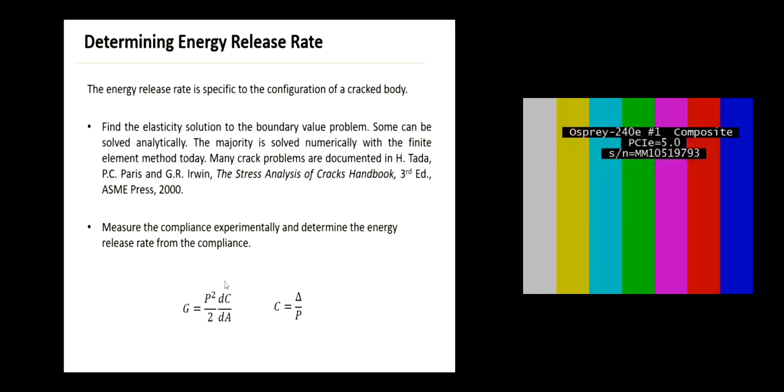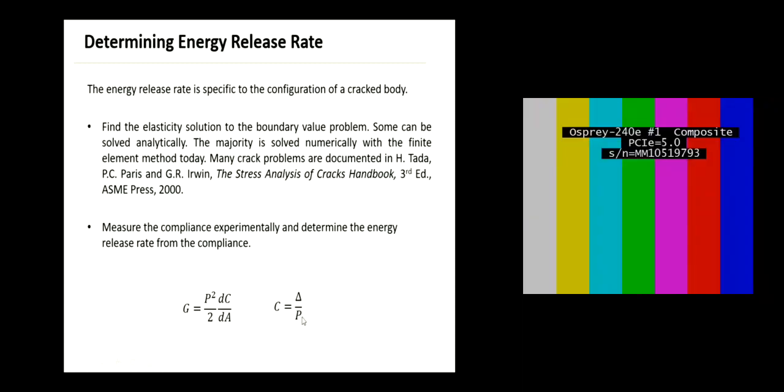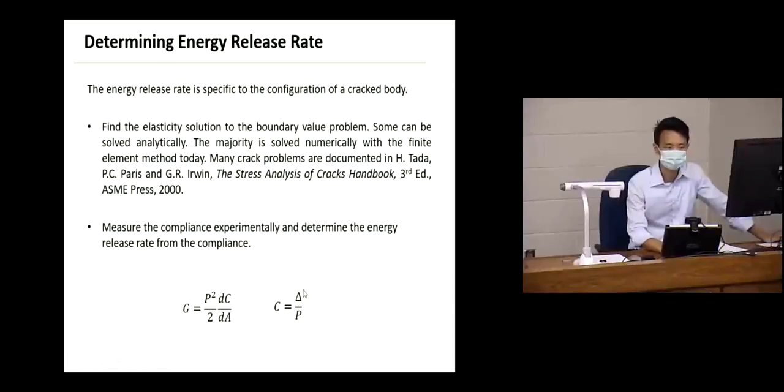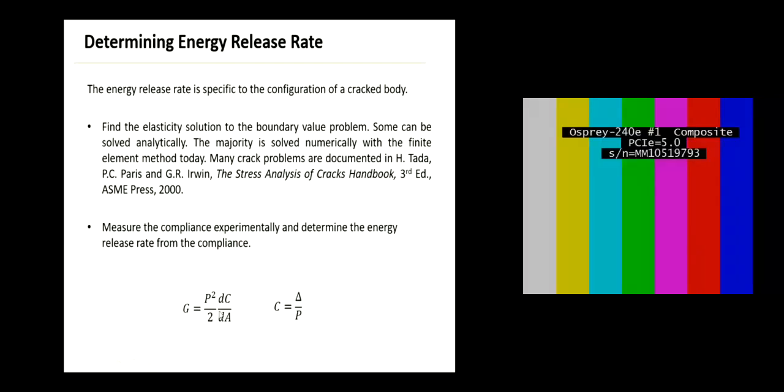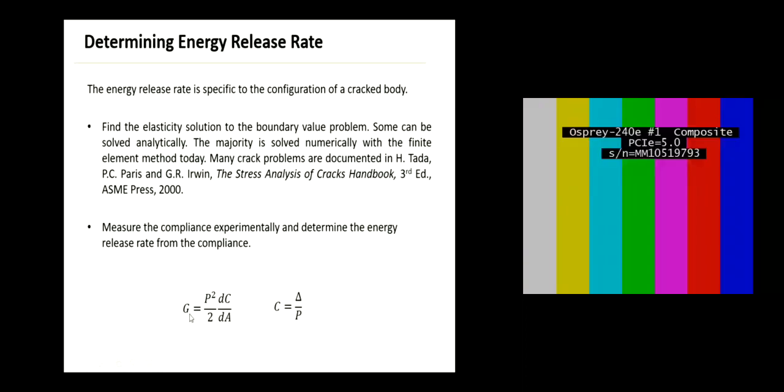We know that in general, no matter whether this is load controlled or displacement controlled, if we know the compliance of the material, defined as displacement over load, which is just the inverse of the stiffness, and we know how the compliance changes with respect to crack area, then we can calculate energy release rate, right?